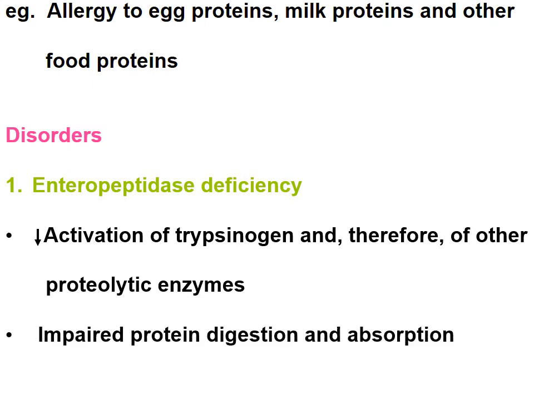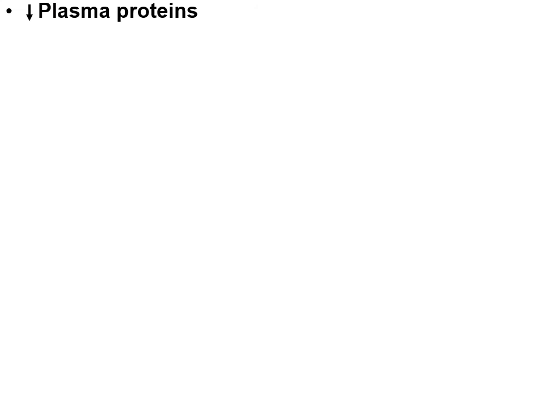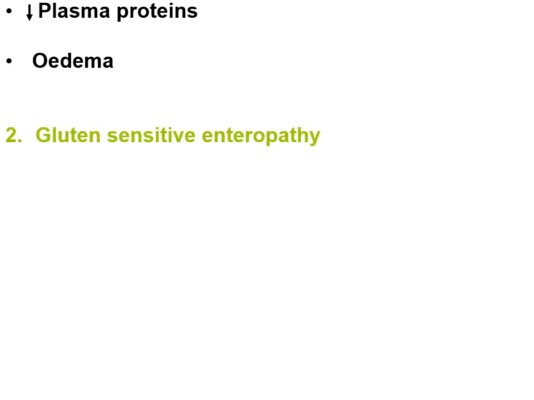So this results in impaired protein digestion and absorption and also growth failure. As a result, the plasma protein level is decreased and the patient will be edematous. Okay, that is one type.